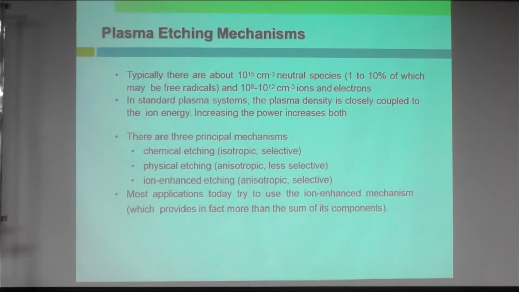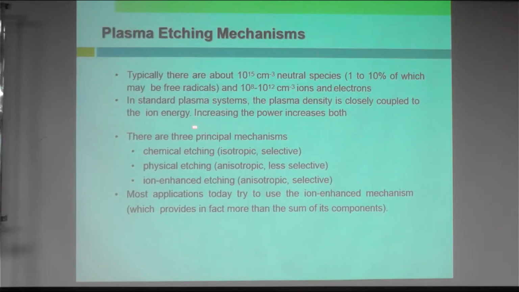In plasma etching, typically there are about 10 to the power of 15 per cubic centimeter neutral species, 1 to 10% of which may be free radicals, and 10 to the power of 8 to 10 to the power of 12 per cubic centimeter ions and electrons. In a standard plasma system, the plasma density is closely coupled to the ion energy; increasing the power increases both.